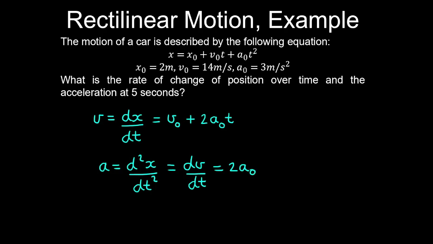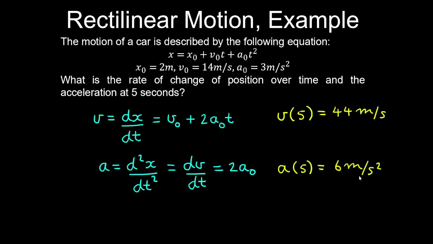And substituting for the initial conditions and a time of 5 seconds gives us the velocity is equal to 44 meters per second, and the acceleration at 5 seconds is equal to 2 times a0, which is 6 meters per second squared.